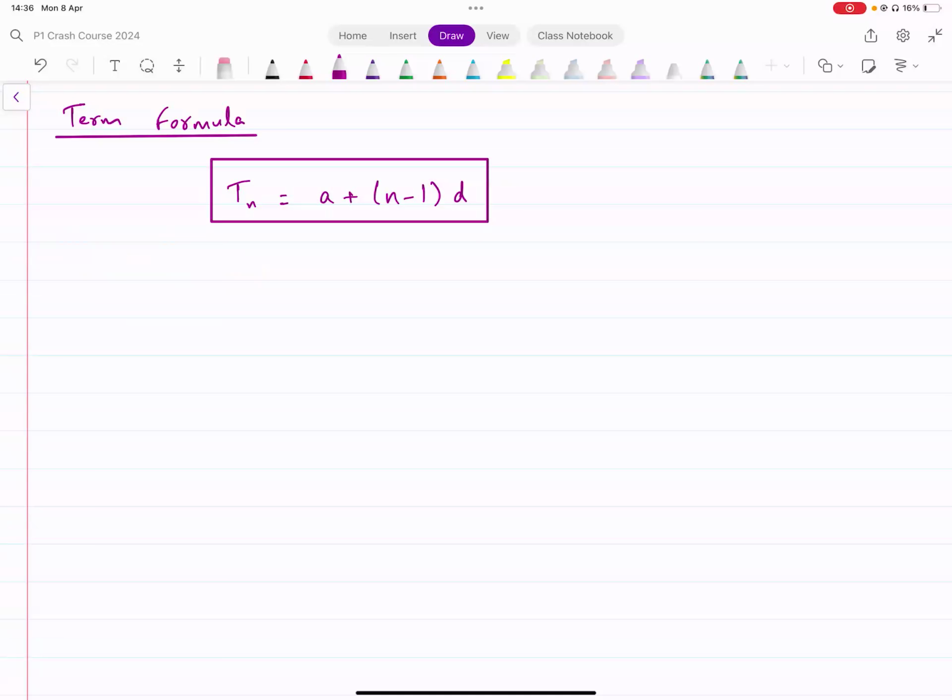Okay. Now, what do these notations represent? A is the first term. D is the difference in that sequence. N is the position of the term that you're looking for. And Tn basically means the nth term, which means it's the value of the nth term.